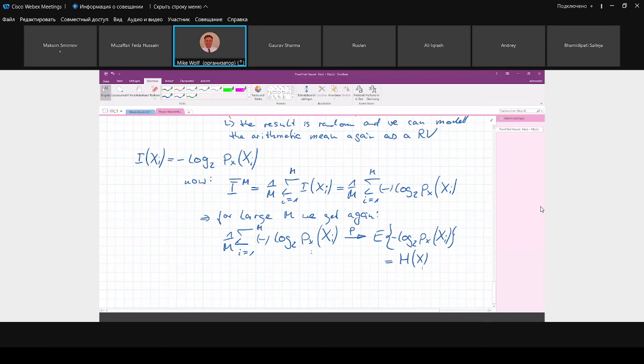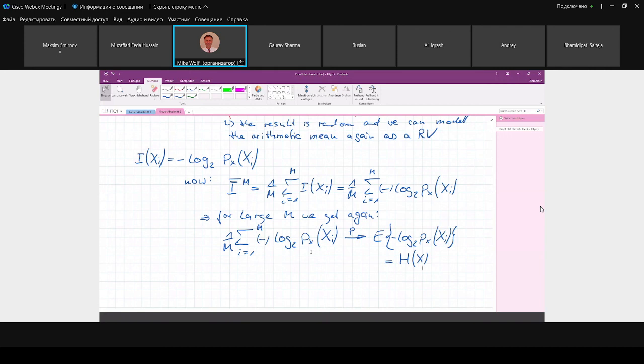And all these sequences have the same probability. The probability of these sequences is nearly 1 by 2 to the power of M times H of X. They all have the same probability. So these are so-called typical sequences. All have the same probability.